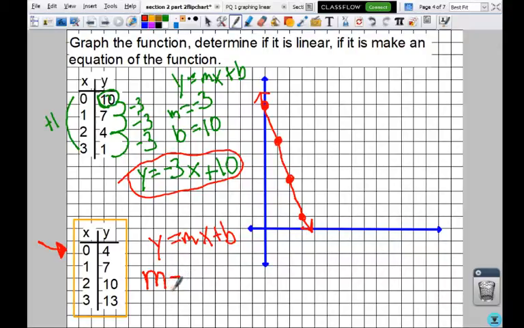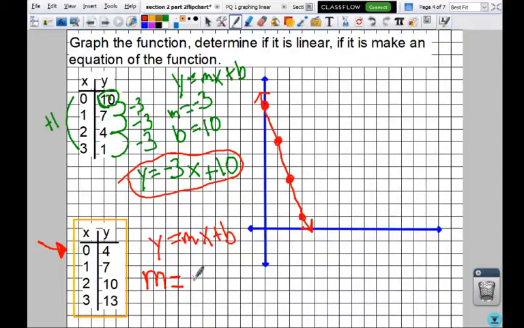Like if I'm going from 4 to 7, how much is that changing by? For m. Yeah, let's do m first. So, on that right side, where the y's are, I'm going from 4 to 7. How much is that changing by? 3. We're going by plus 3, right?